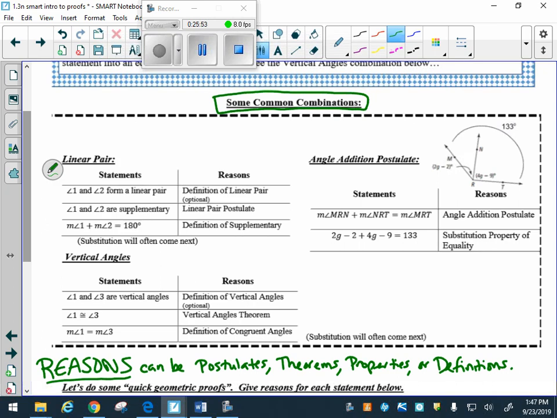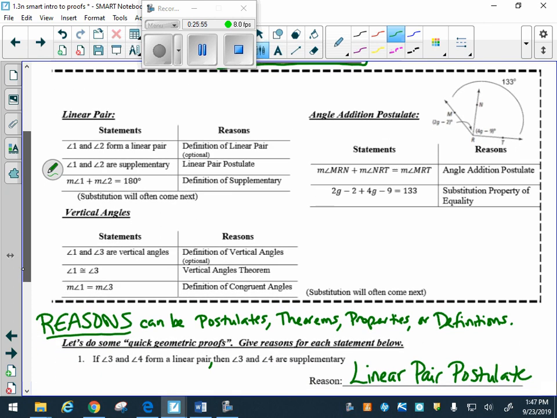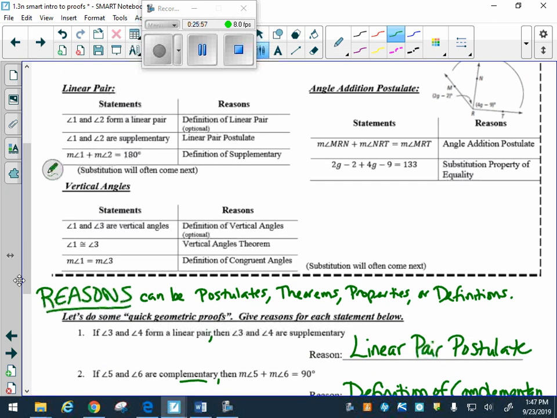Let me use the vertical angles theorem as an example. You look at a diagram and you can say 1 and 3 are vertical angles just by looking at the diagram. If you make that statement, it's because you know what vertical angles are. It's the definition of vertical angles.